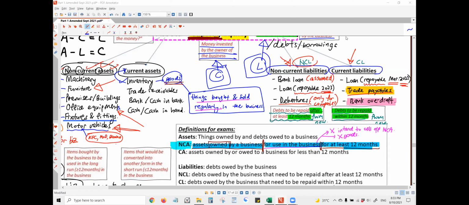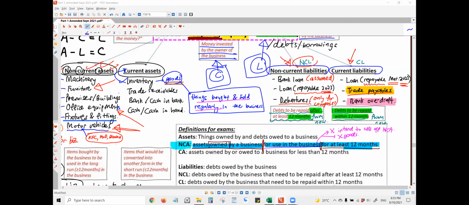That means the inventory level keeps going up and down, just like the stock market. It keeps fluctuating within a short period of time. That's why it is a current asset.